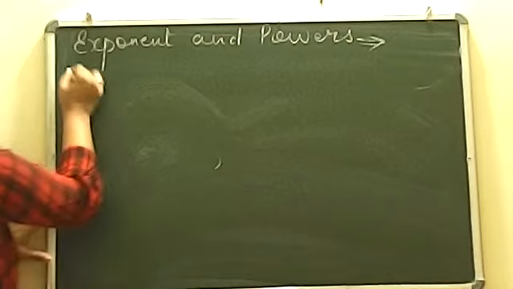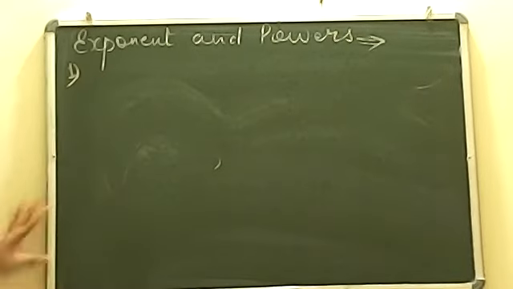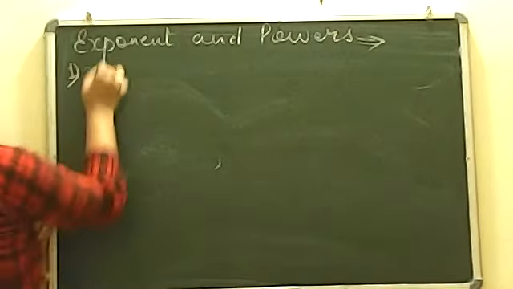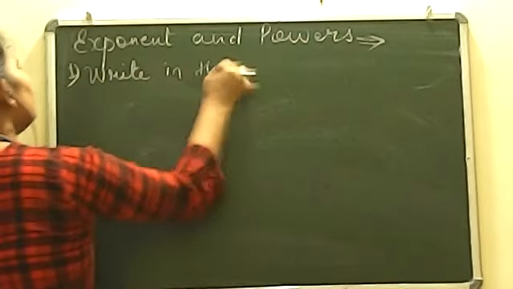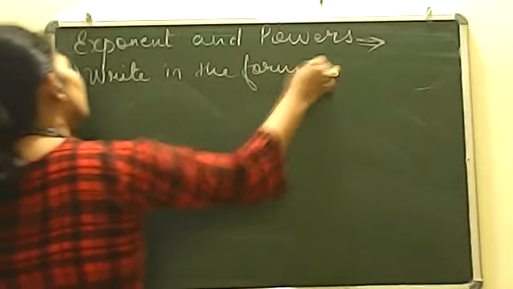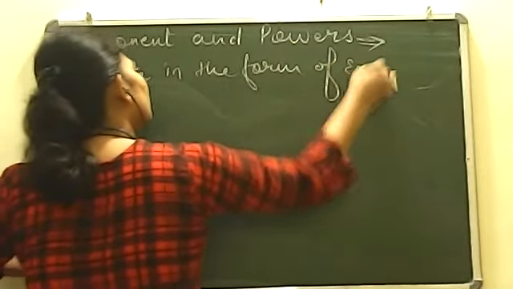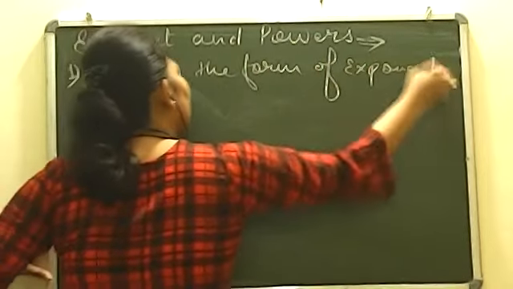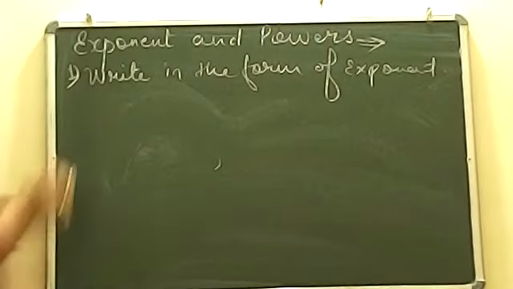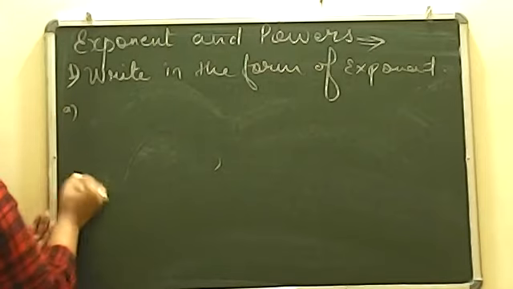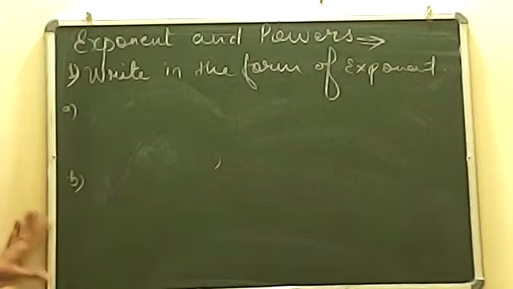So the first question which I am giving you is, write in the form of exponent. I'll give you simply two questions just to check whether you remember yesterday's work or not.